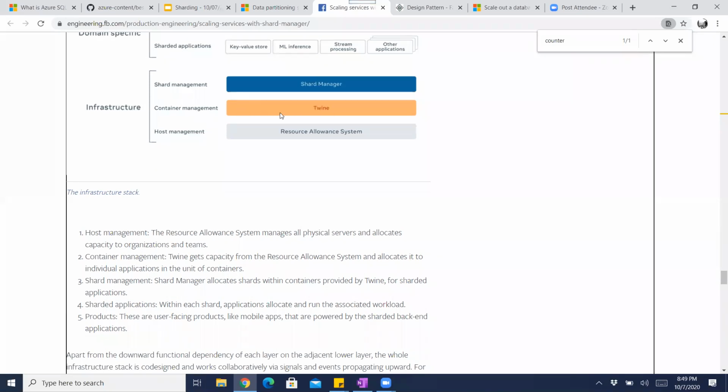So at this layer you create containers, and each container can get access to certain resources in the system. And then shard manager allocates shards within the containers. It's kind of a container-supported sharding approach.